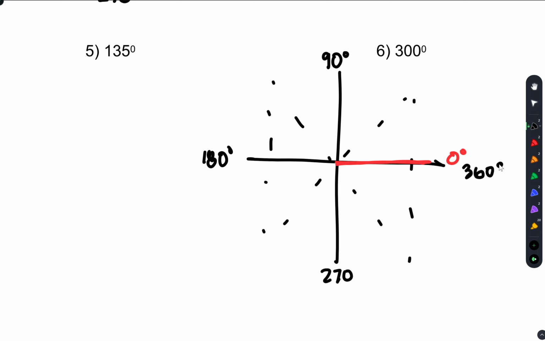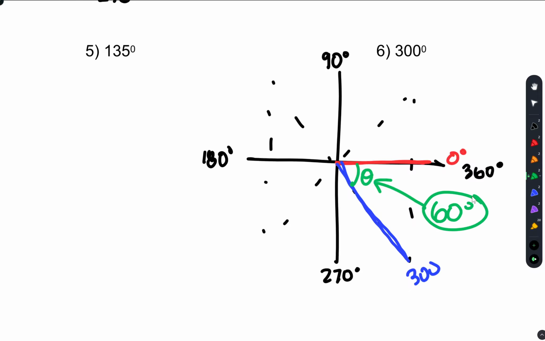And my terminal side is going to be somewhere in between 270 and 360. So I'm ending up in quadrant 4. This is 300. I'm figuring out what's that reference angle, what's that distance between 360 and 300. That would be a 60-degree angle. Any questions on that part?